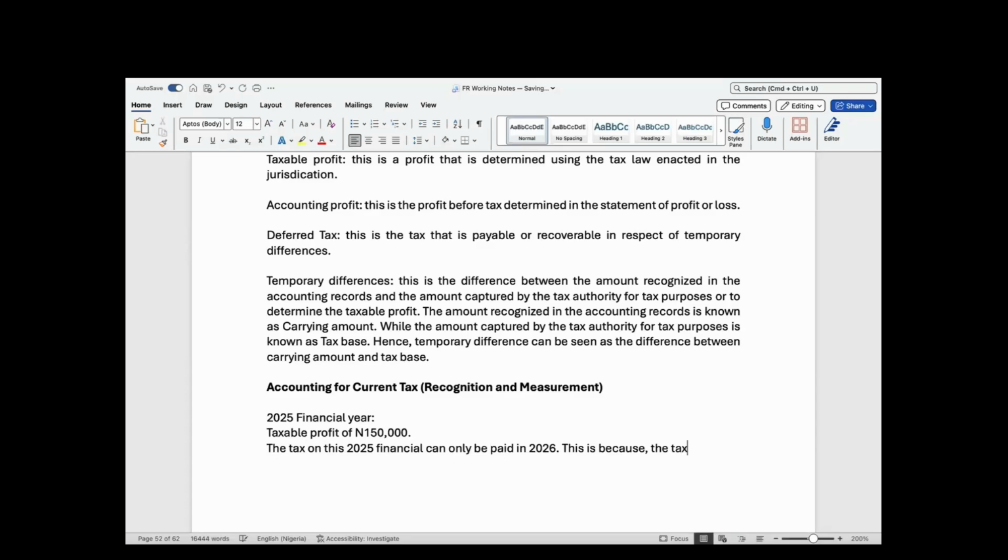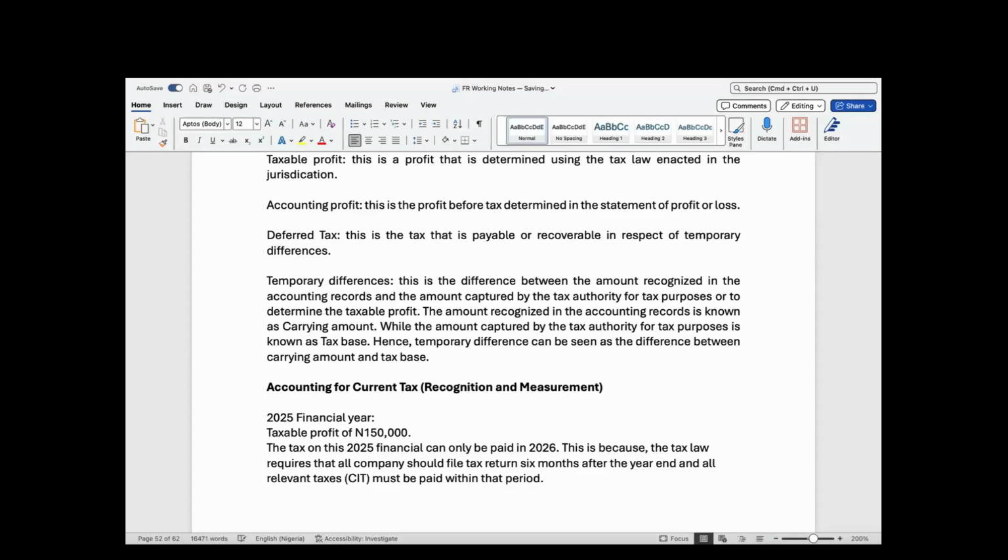And this is because the tax law requires that all companies should file tax returns 6 months after the end, and all relevant taxes, that is income tax, that is CIT, must be paid within that period.